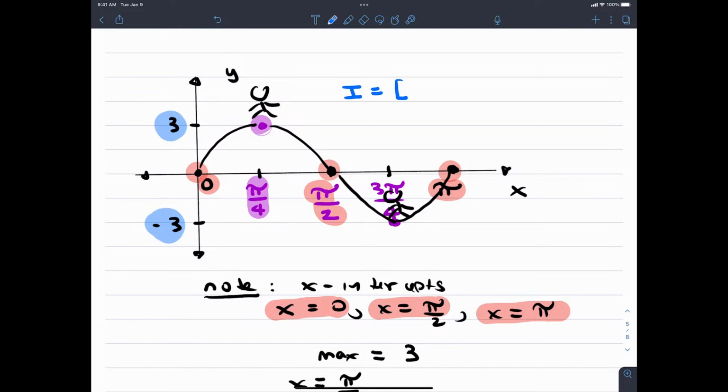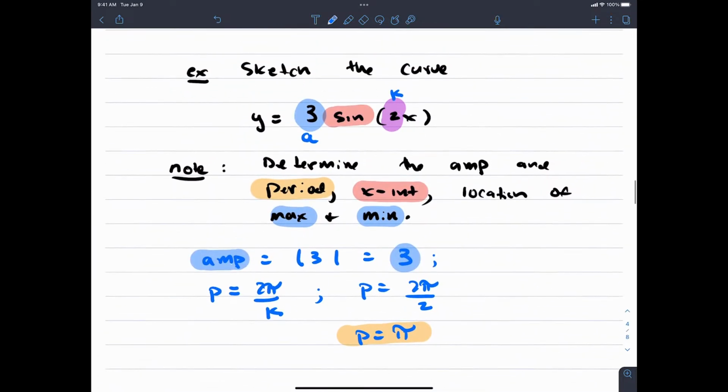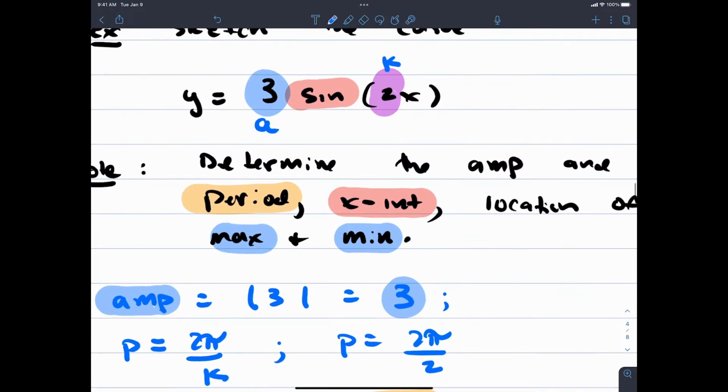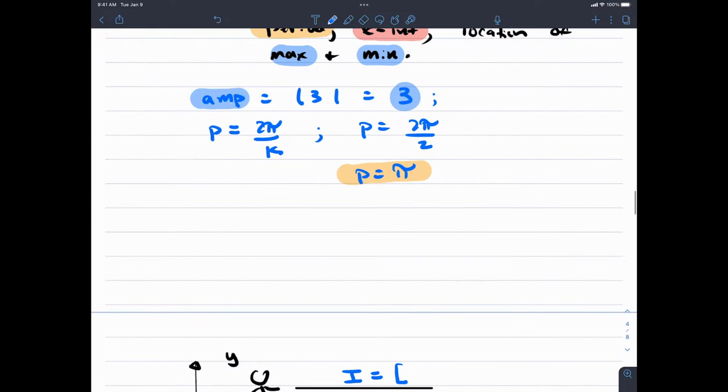So for this sine curve, where do you guys start for this example? Remember this one? They asked us to graph this 3 sine 2x. We did that yesterday. So the interval of one cycle, without even looking at the graph, we know starts at 0, ends at P for the period. And our period was what?